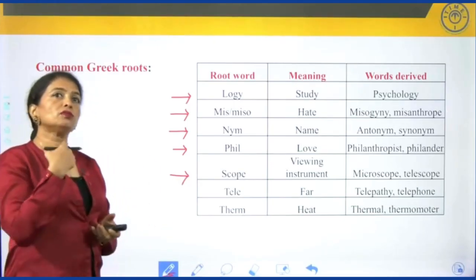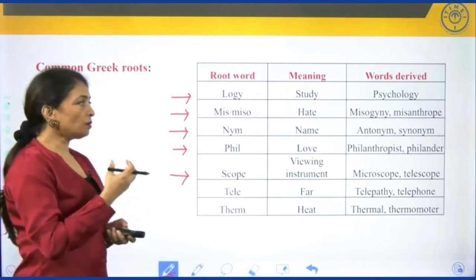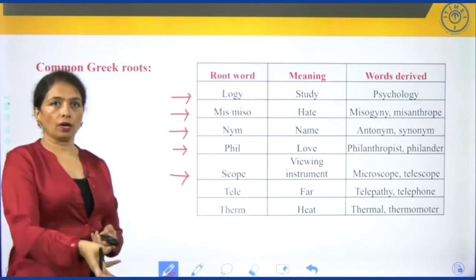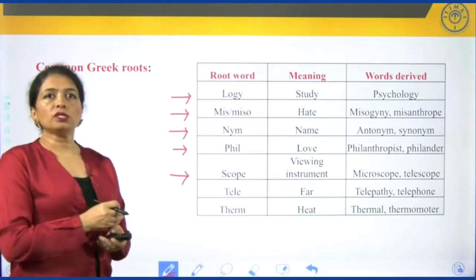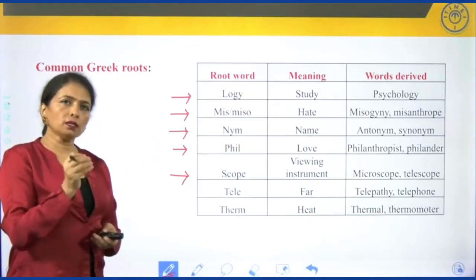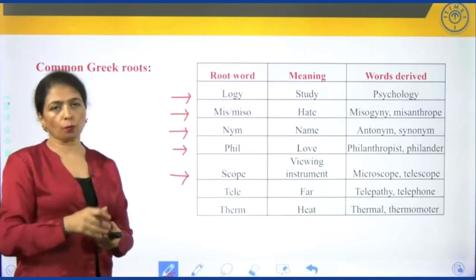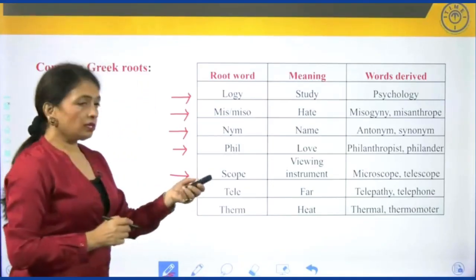Tele means something which is far. So, this is that instrument or device which helps us view things that are far away, and a microscope then would mean or refer to that viewing instrument which helps us look at things which are very tiny or microscopic in shape, in size.